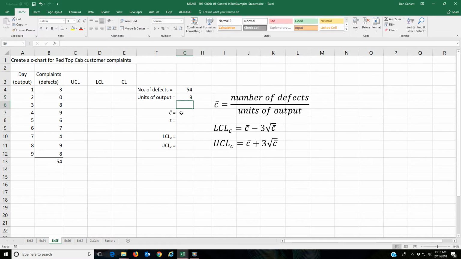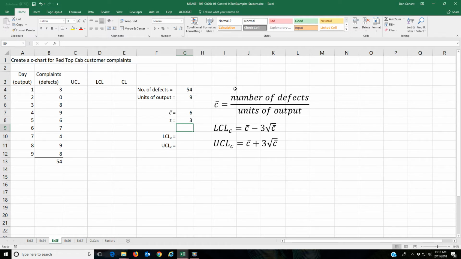Now I'll calculate C bar, which is the number of defects over the units of output. Z in this instance will be 3. Z is given in most of the examples.